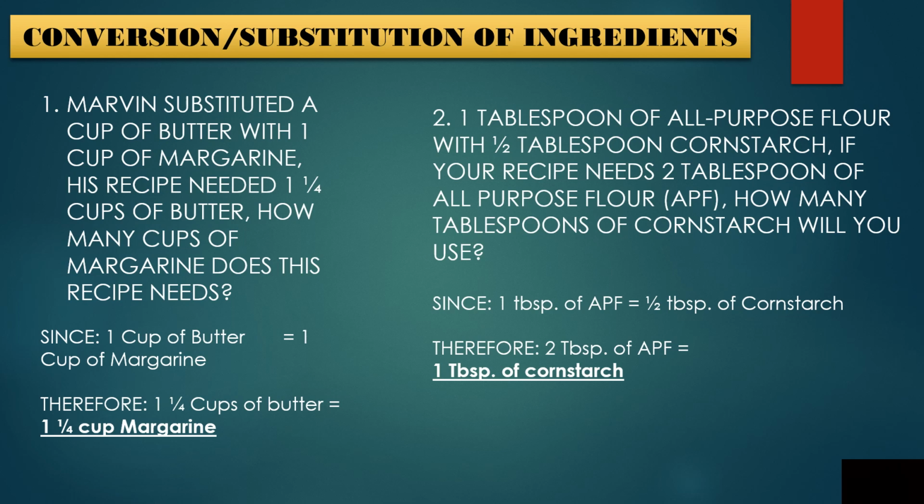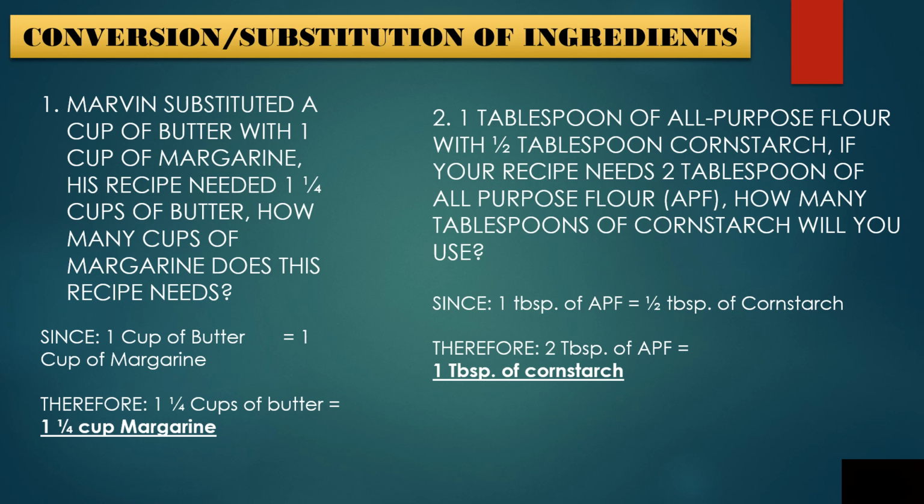So, ang sabi natin, ang 1 tablespoon of all-purpose flour is equivalent to 1/2 tablespoon of cornstarch. Then, therefore, if we need 2 tablespoons of all-purpose flour, dudublihin lang natin siya. So, ang kailangan natin is 1 tablespoon of cornstarch. So, ayan.